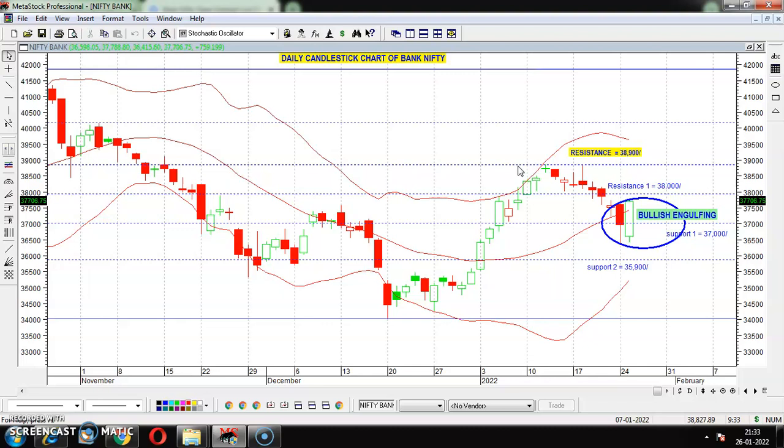And if we see a lot of selling happening on Nasdaq and Dow Jones, definitely it is a negative indication, and it might create some negative indication for Indian equity also. In that case, there is a possibility of a retracement towards the downside, right? So this is as far as Bank Nifty is concerned.